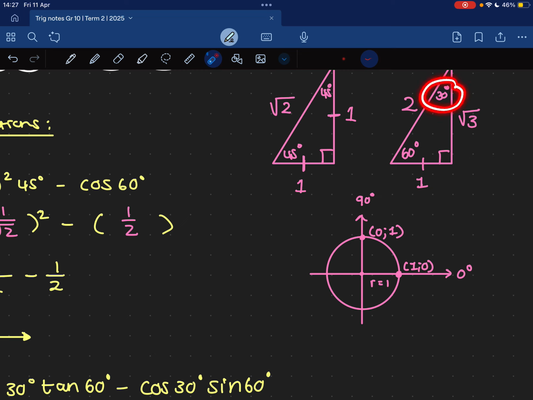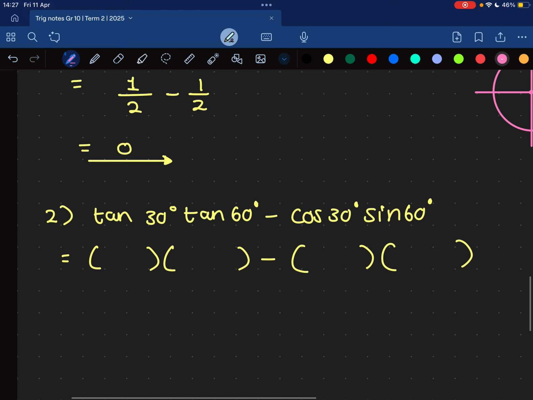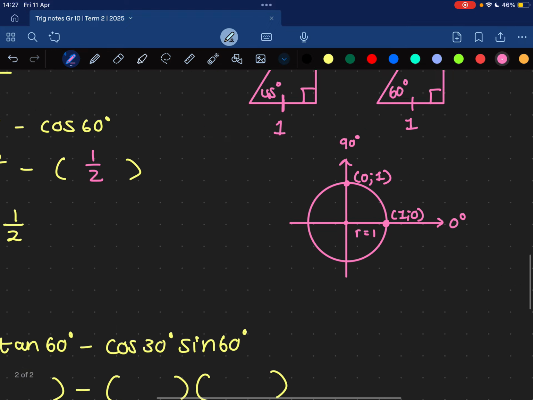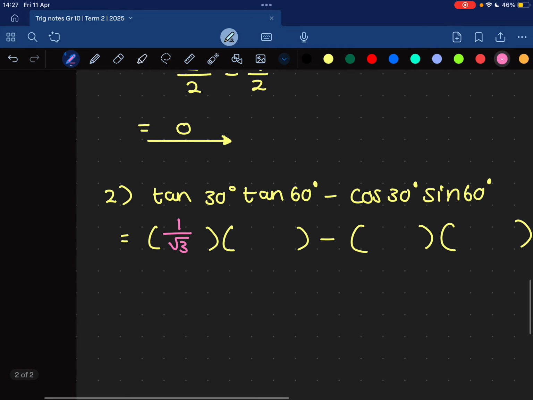is here. Tan is opposite over adjacent. Okay, it's the one next to it. So it's 1 over the root of 3. Then tan of 60. 60 is there, so it's opposite over adjacent, which is root 3 over 1.